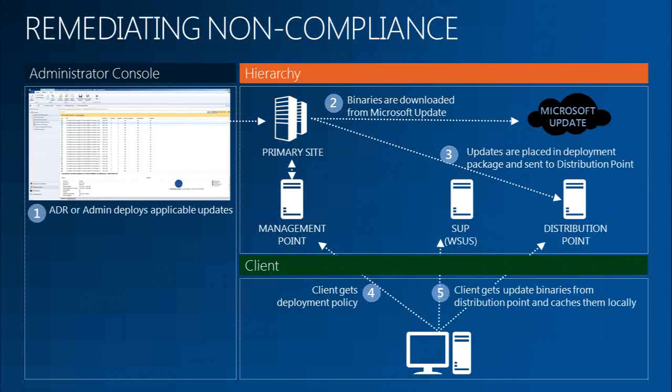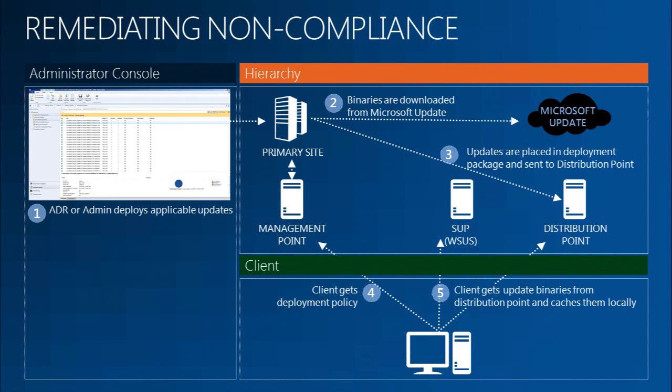The client gets the update binaries from the distribution point and then caches them locally. Any future deadline deployment will result in a client caching the updates that are applicable to them, and only the updates that are applicable to them. So even if the deadline is 6 months out, if there is a future deadline, we're going to download the binaries. So the binaries will be cached on the system.